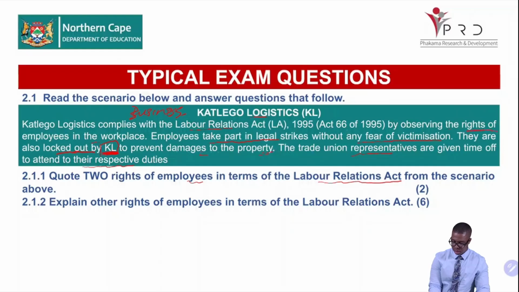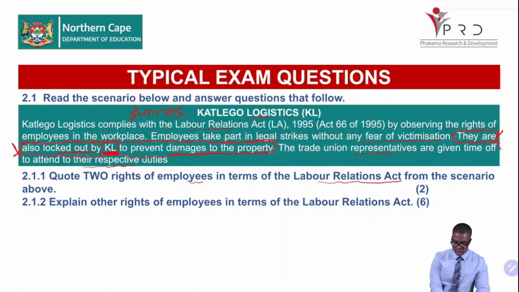So, let's highlight this one. Now, they are locked out by the business. Is this the employee's right? No, it is not. So, this is not the employee's right.